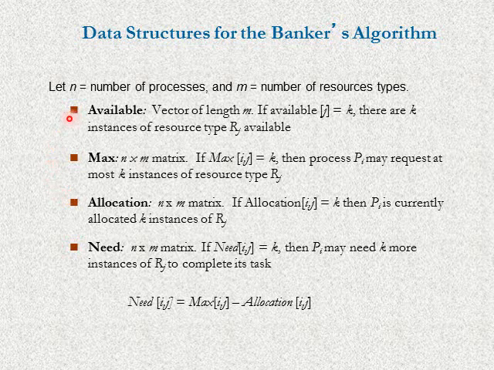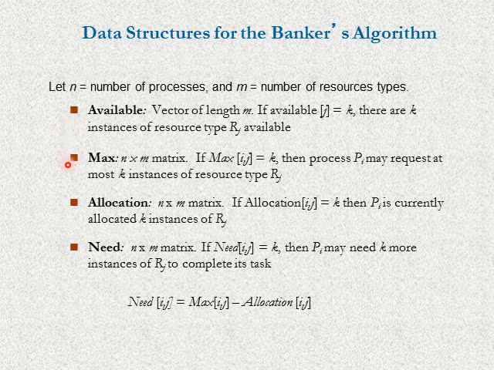The third one is a single dimensional array that stores the instances of each resource type currently available in the system. So all the instances that are still available with the system are stored in this array.